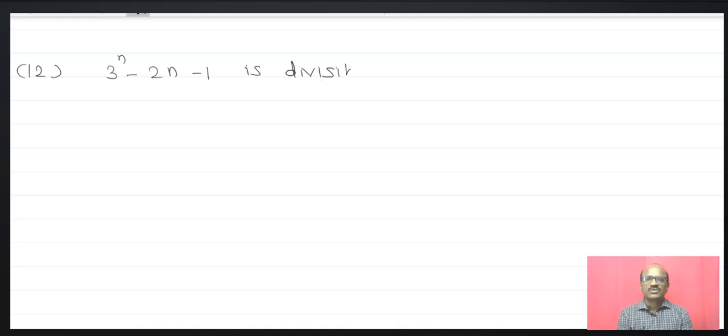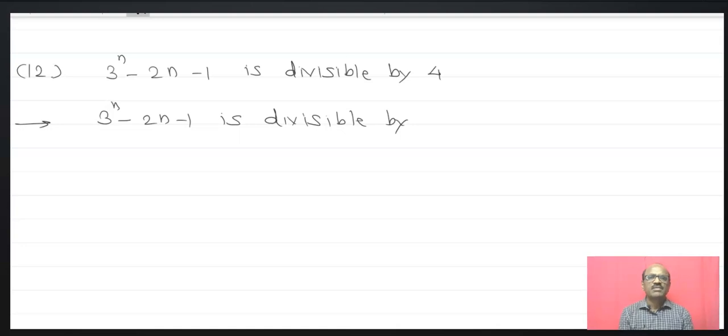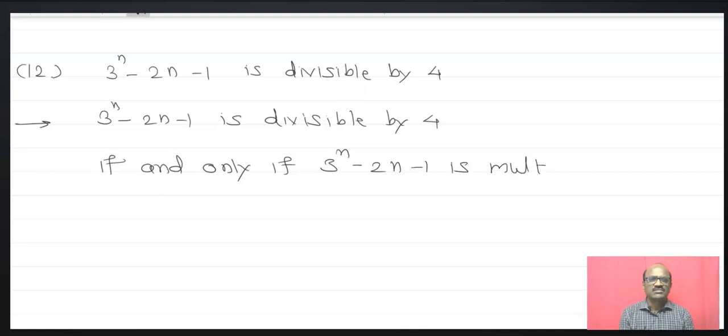3 raised to n minus 2n minus 1 is divisible by 4. That is, 3 raised to n minus 2n minus 1 is divisible by 4 if and only if 3 raised to n minus 2n minus 1 is a multiple of 4.